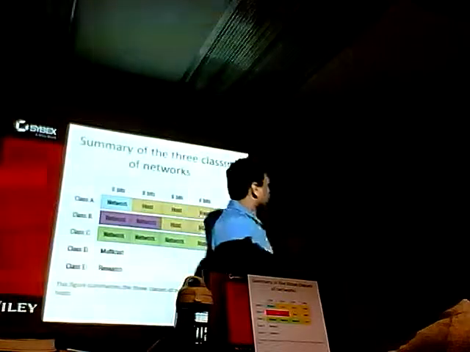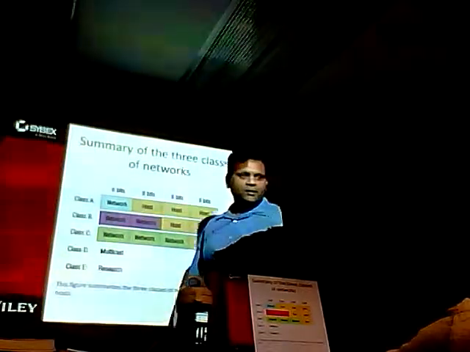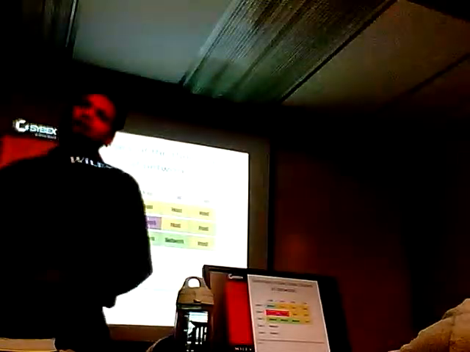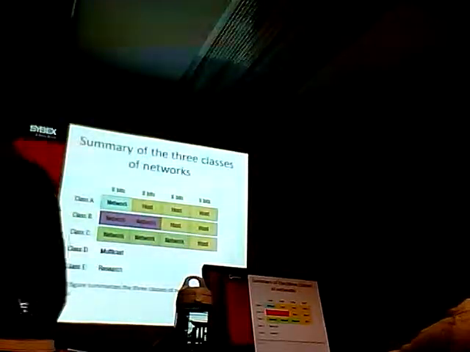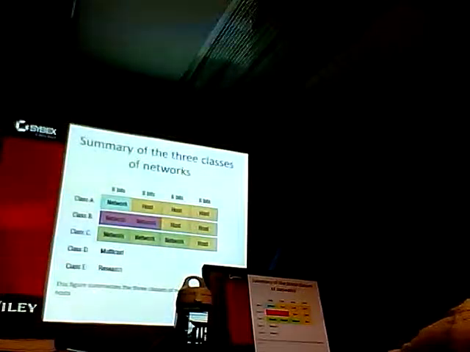So you cannot use these two IDs. What do I have left? 254, so you can assign 254 devices, right? But in some cases, suppose on this side you have only 10 devices.